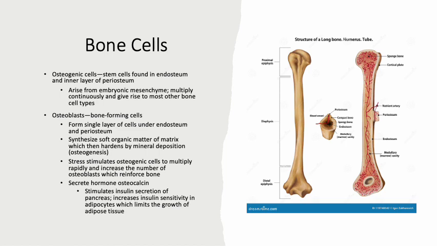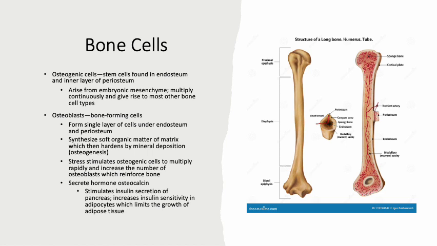Osteoblasts are bone-forming cells, and you can remember this because the B in blast means building. So osteoblasts are the osteobuilders. They form single layers of cells under the endosteum and the periosteum, and they grow in a circle pattern outward. They secrete osteocalcin, which stimulates insulin secretion from the pancreas.